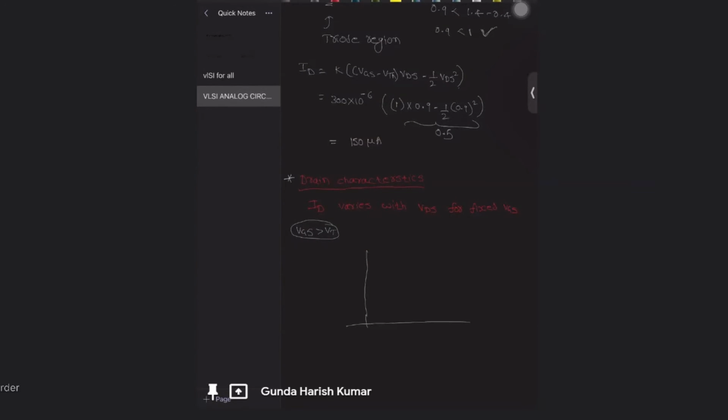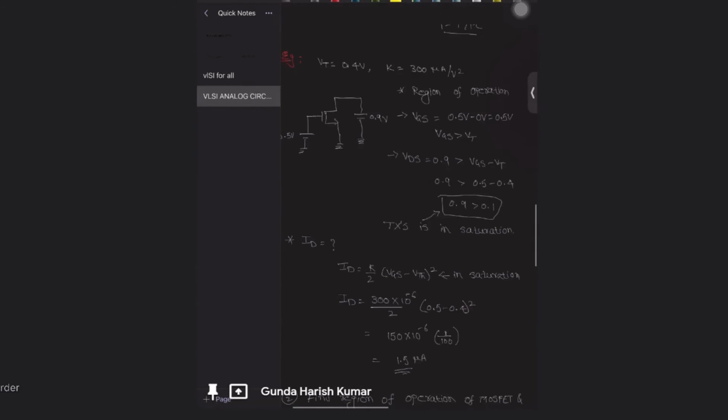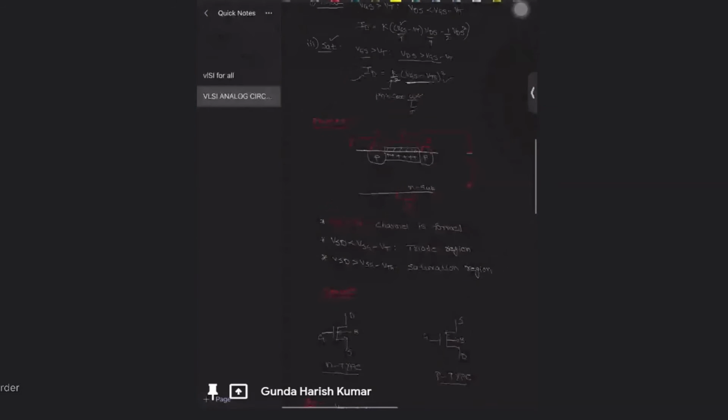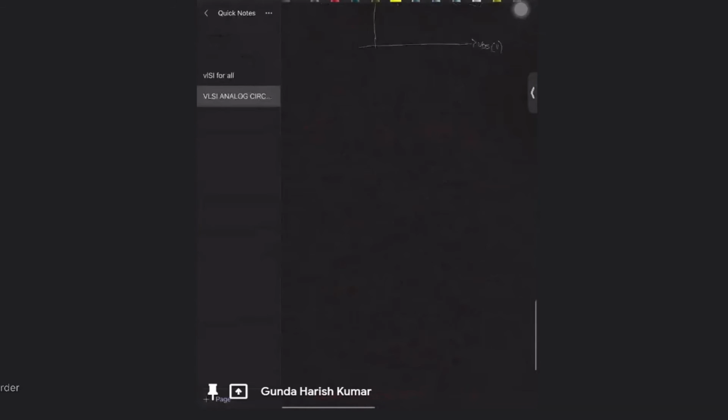It has a channel formed. Now this is my VDS and this is my ID. It will be in milliamps kind of thing. This is in volts VDS. So this kind of configuration we have.